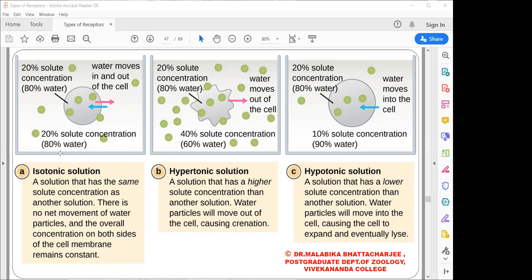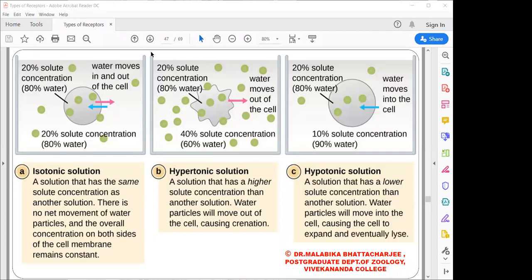If we say that the cell is in isotonic solution, we have to assume that the solute concentration within the interior of the cell is the same as that of the exterior of the cell. So, if the interior of the cell has 20% solute concentration and 80% water, then the exterior of the cell also has 20% solute concentration and 80% water.